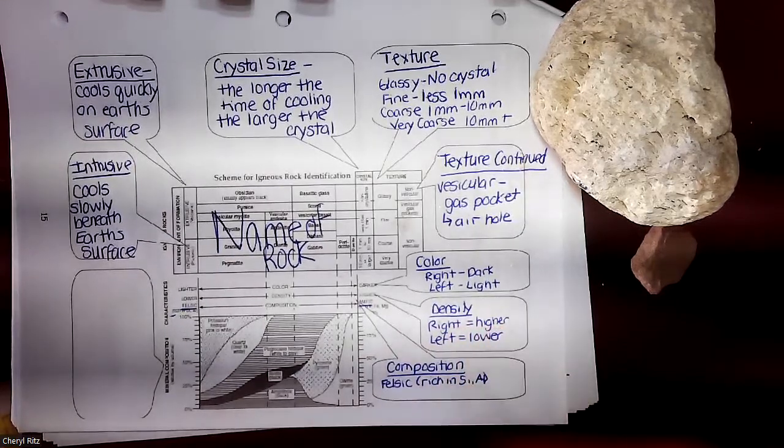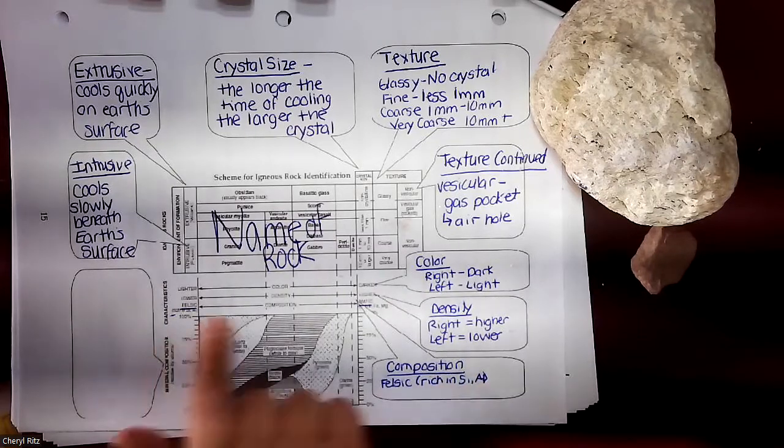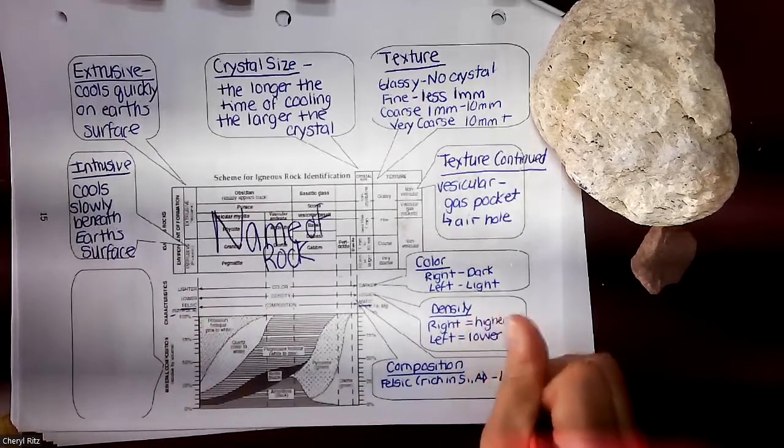What do you think it means by rich? Has a lot of Si and Al. Do you have to memorize what Si and Al are? Where in your reference table? Back page bottom. So felsic rocks are rich in silicon and aluminum, and we find them on the left side of the chart.